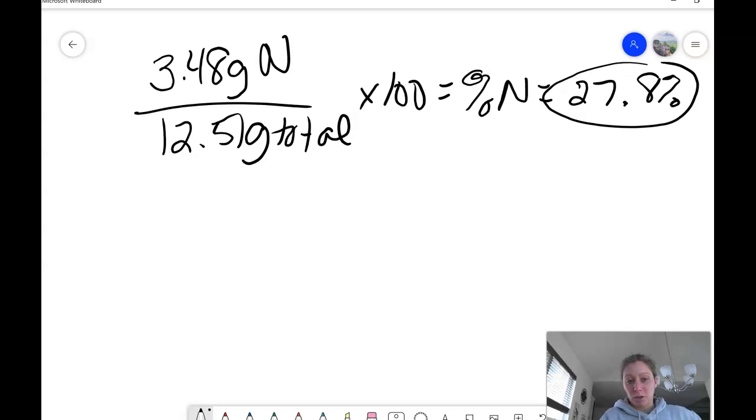This is somewhat useful to us, but it's not as useful as trying to determine from some given amounts the actual chemical formula for this product.